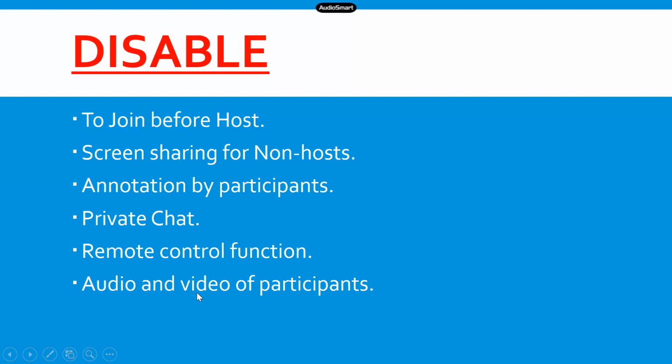When you disable video part of the participants, this will reduce burden on the consumption of internet and your streaming will be avoided and your transmission will be better and you may conduct your meeting in a better way.